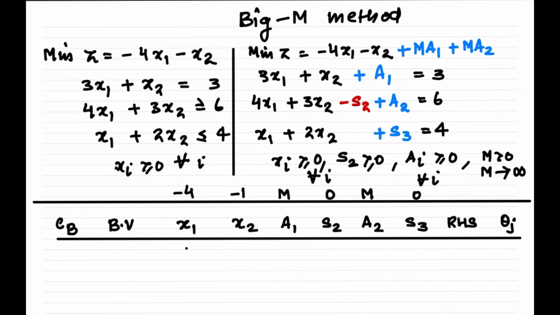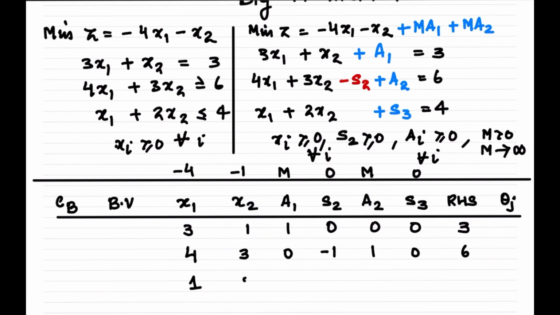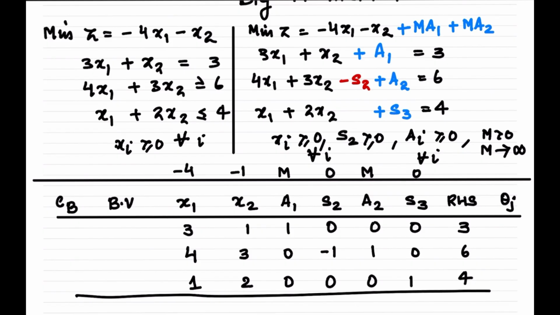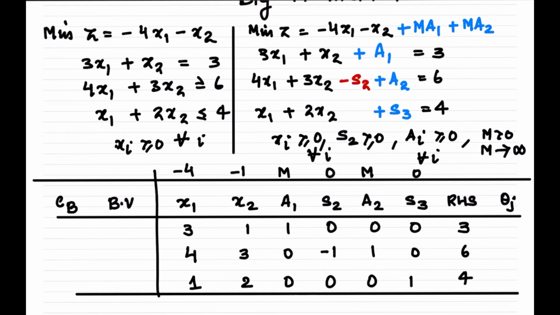Now write the constraints: 3, 1, 1, 0, 0, 0, 1, 2, 0, 0, 0, 1, 4. So the basic variables are, first column for the identity is A1. Next column is 0, 1, 0 comes under A2. The next is S3. Coefficients M, M, 0.